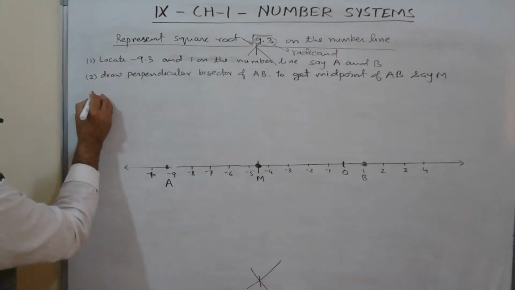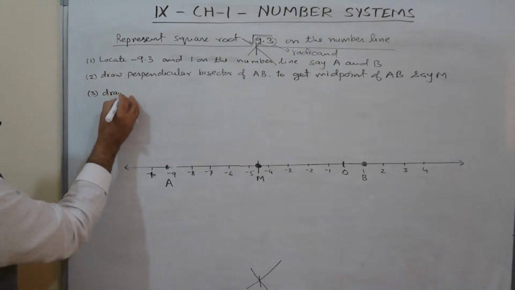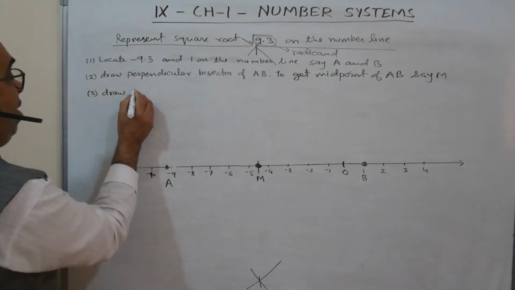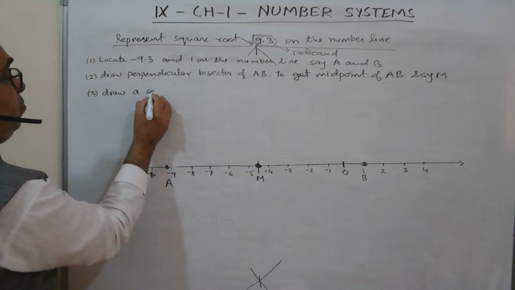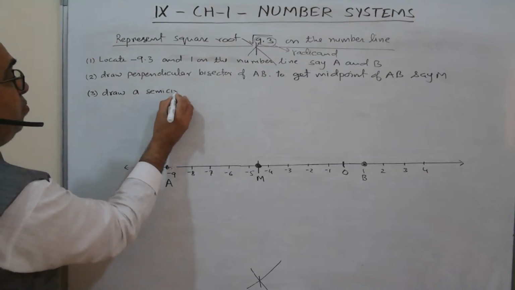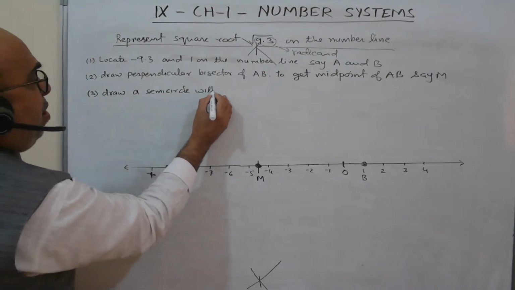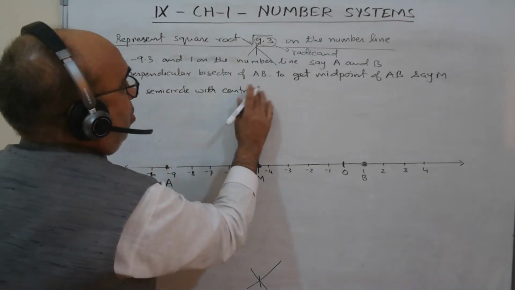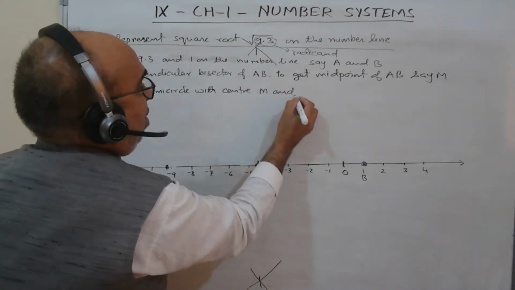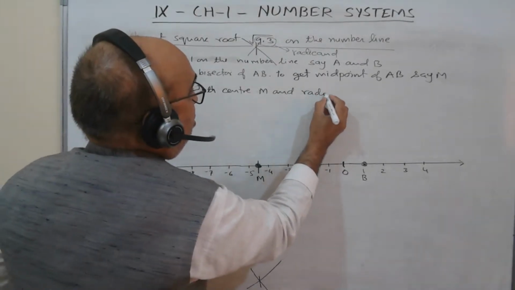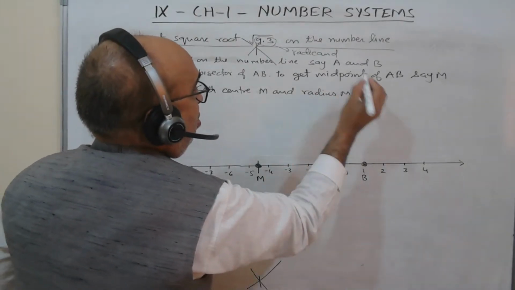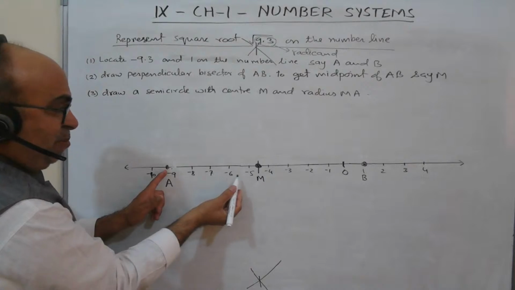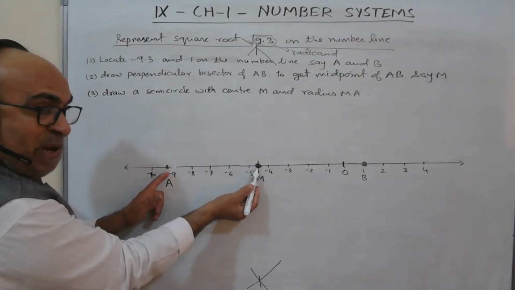Third step, draw a semicircle with center M and radius MA. This will be the center and this will be the radius, because M is a midpoint.